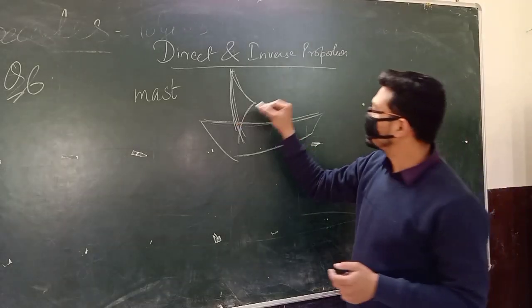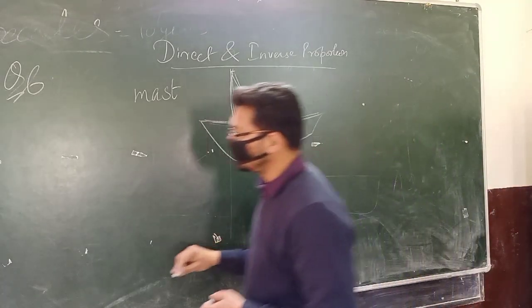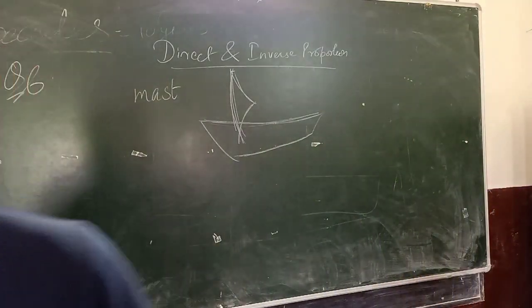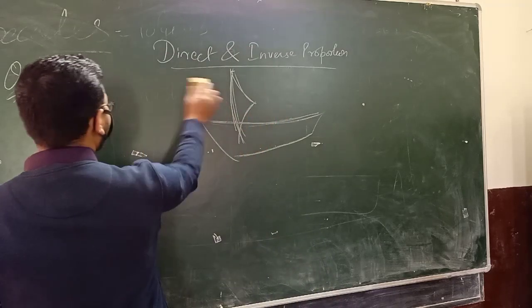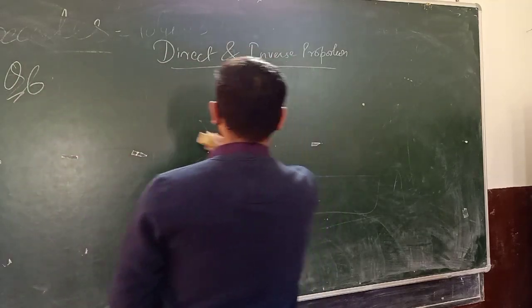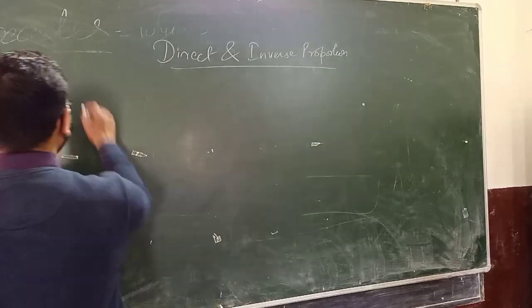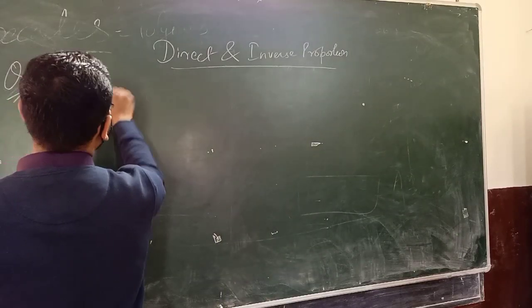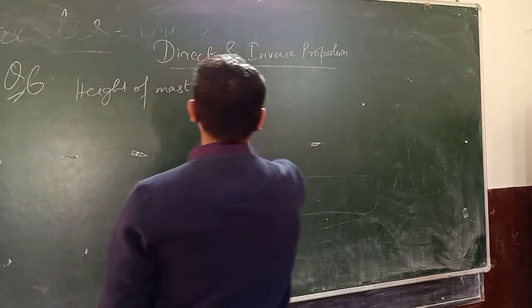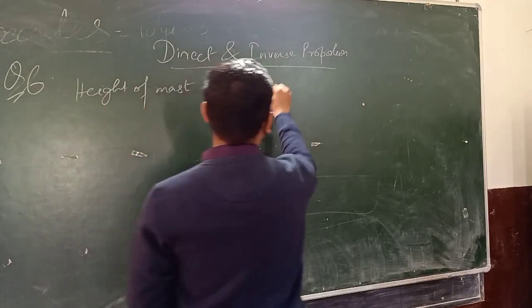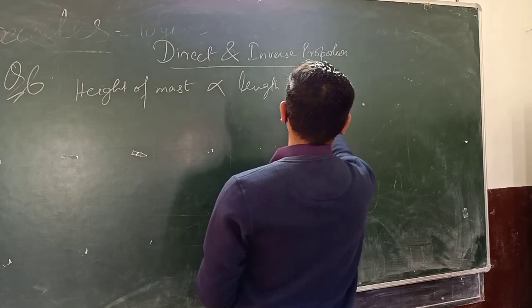So here you can write height of mast is directly proportional to length of ship.